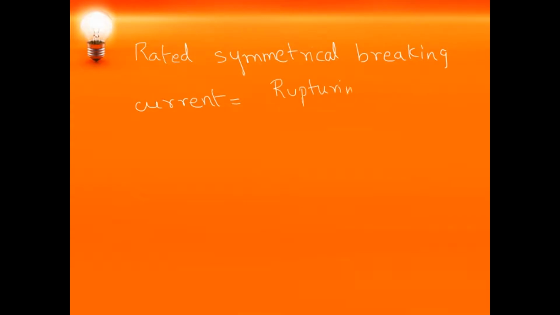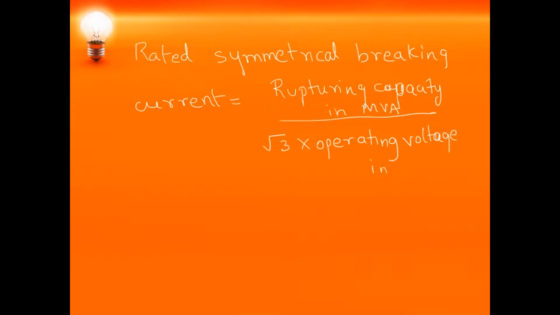The rated symmetrical breaking current is given by the rupturing capacity in MVA divided by root 3 into the operating voltage in kilovolt.